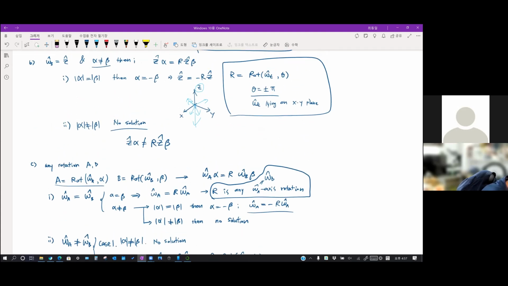So in the case, the rotation R equals rotation omega t, theta.